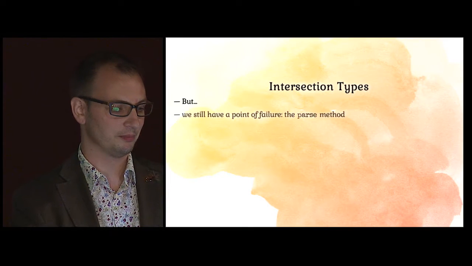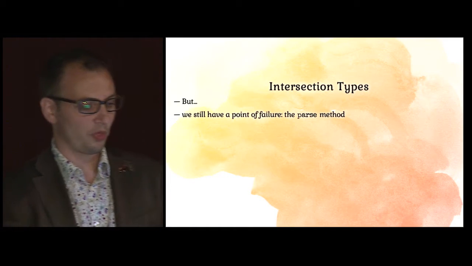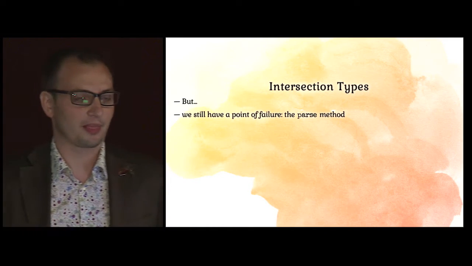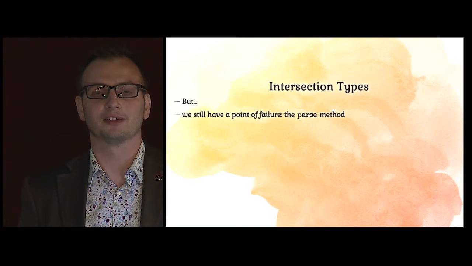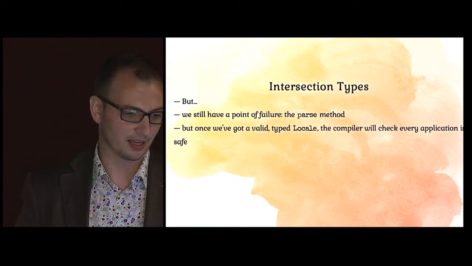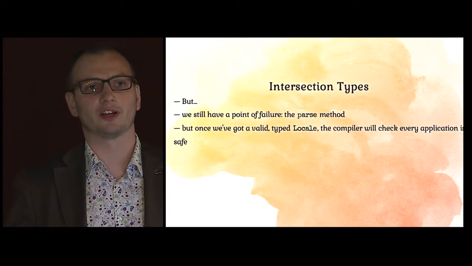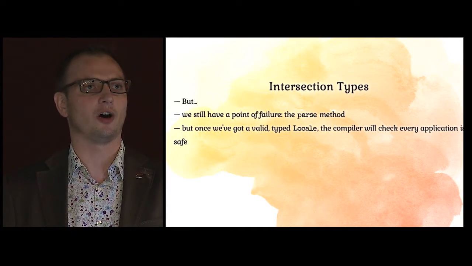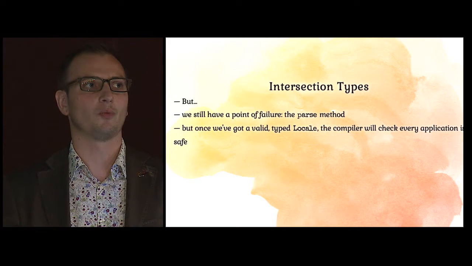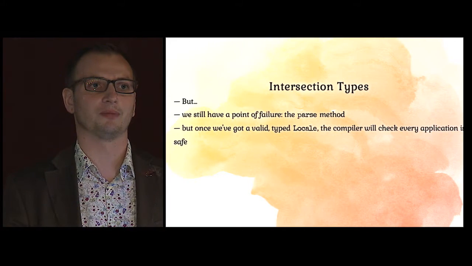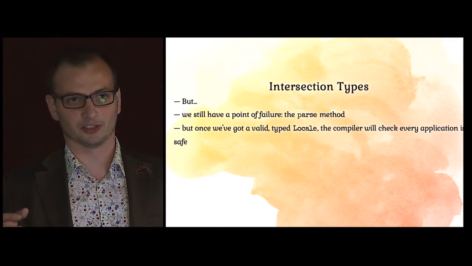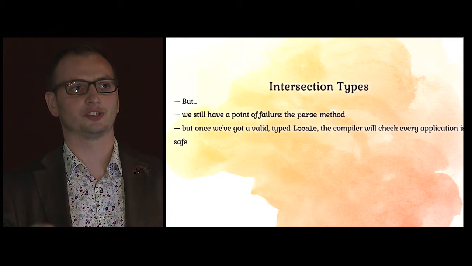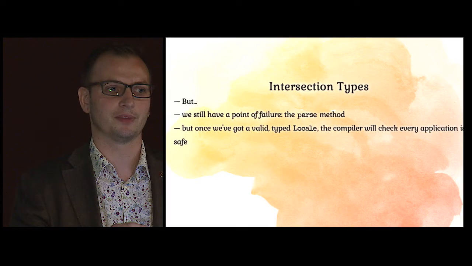We've been here before. There is still a point of failure. That parse method can fail. So once we've constructed a locale, once we've successfully got a locale of en with fr, we know that as long as the en with fr is a supertype of the type of the map.